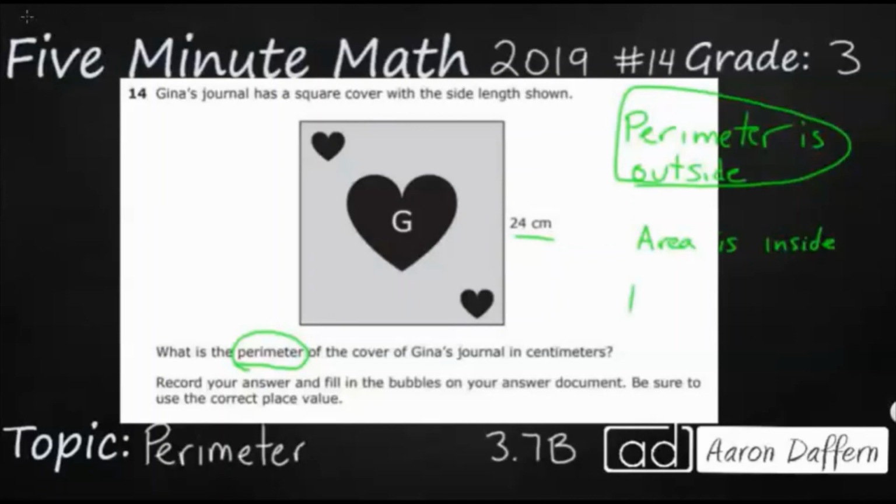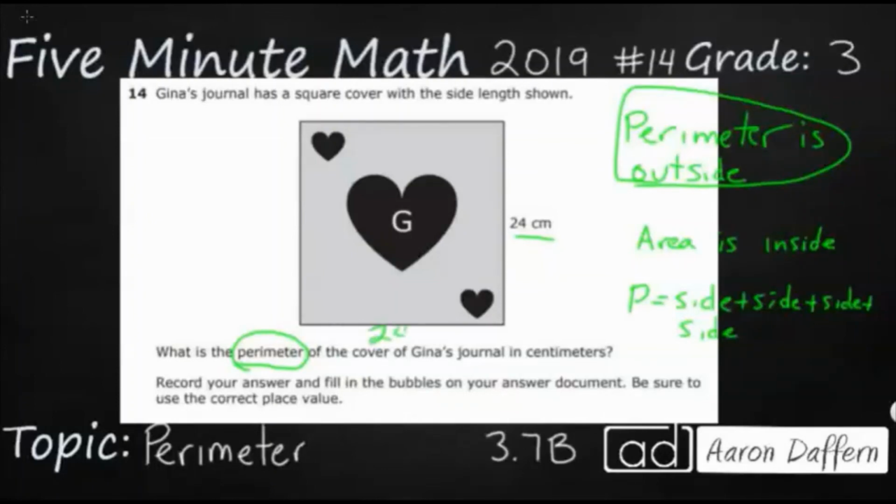And so how we find the perimeter, for a square, it's the side plus the side plus the side. And then there's always a fourth side plus the side. And so if we wanted to do that, we could take 24 here and we could just add it 4 different times. So let's go ahead and do that. So we've got 24.